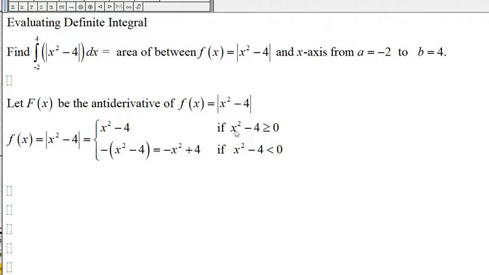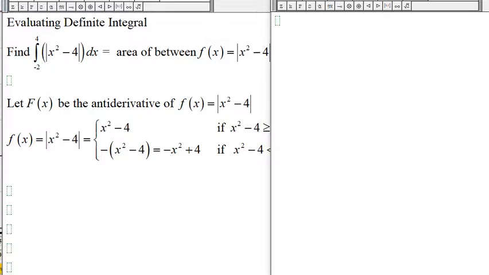And then we need to solve this. This is called a quadratic inequality. So let's go ahead and solve this inequality.